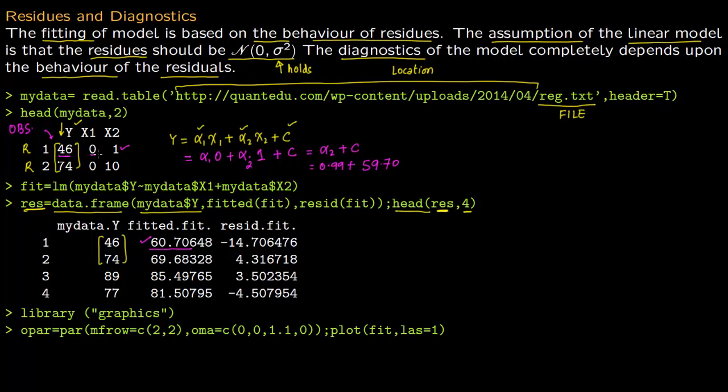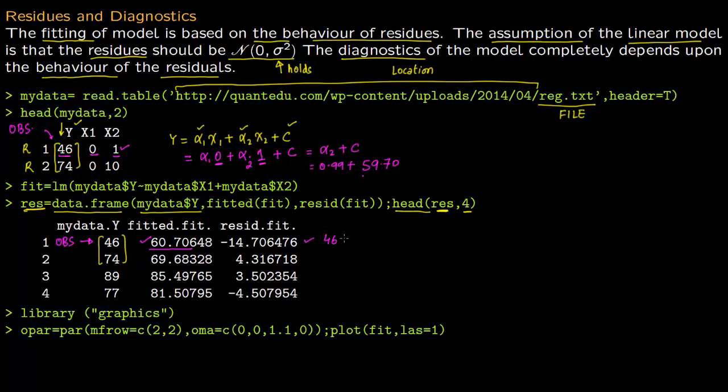So you put in 0, you put in 1, and these are the predictor variables, and you get a response of 59.70 plus 0.99, that is 60.70. But 46 is observed. So from the observed value, you subtract the fitted value, you get the residual.